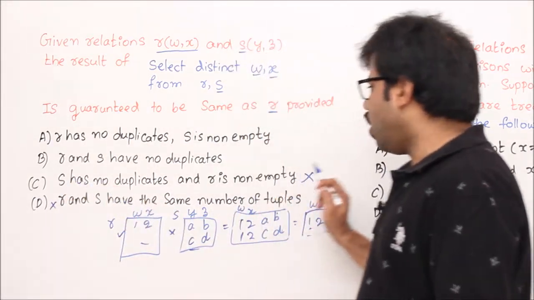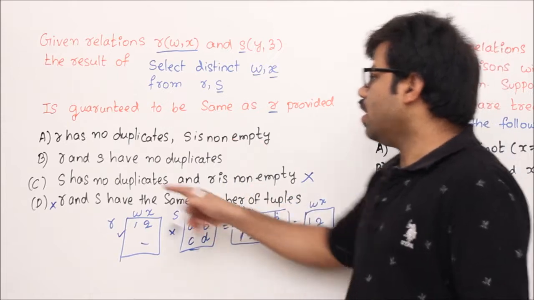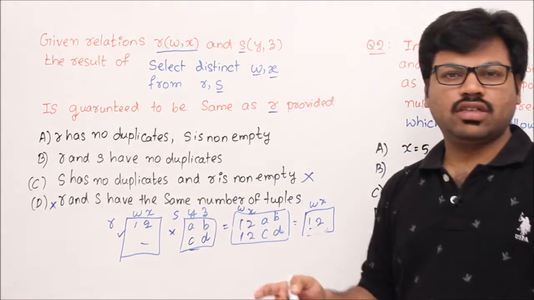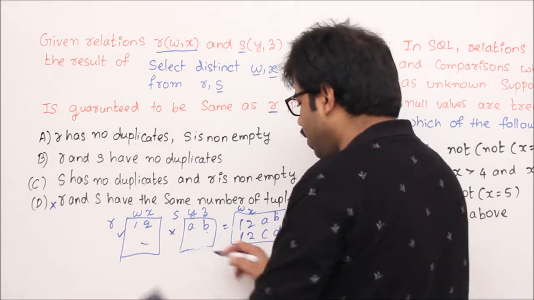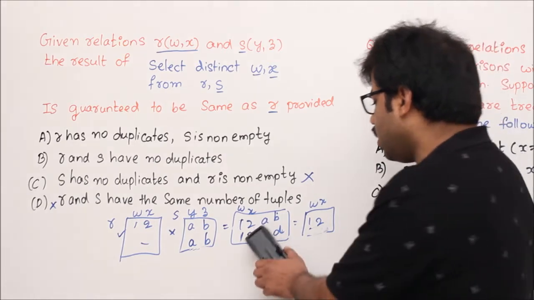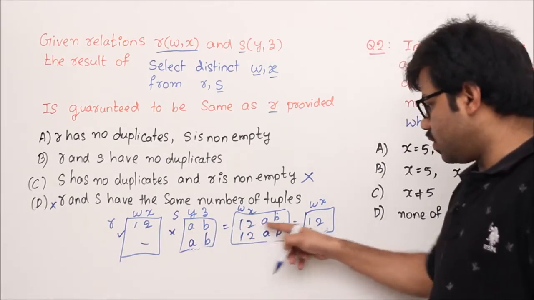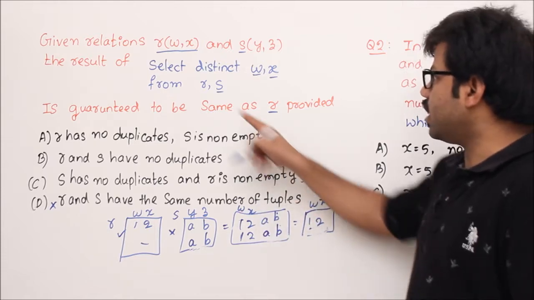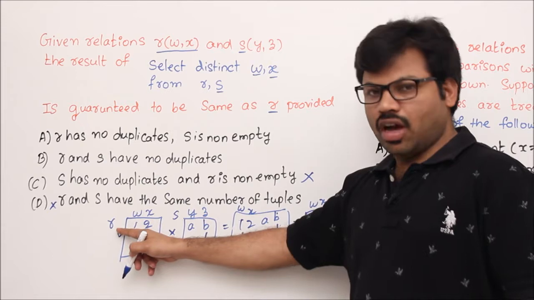Now we have only two options, right? One is R has no duplicates and S is non-empty. The other is R and S have no duplicates. Yes, S can have duplicates. I will show that. Example, if I take A, B again here, so what is the result? You get 1, 2, A, B and 1, 2, A, B, correct? Now in R cross S you get this one, and if I project WX, especially distinct WX, you get your table R back, right?